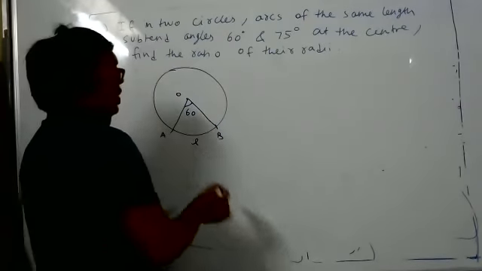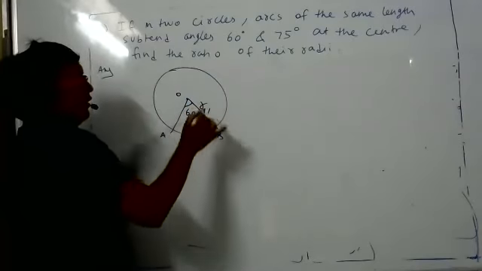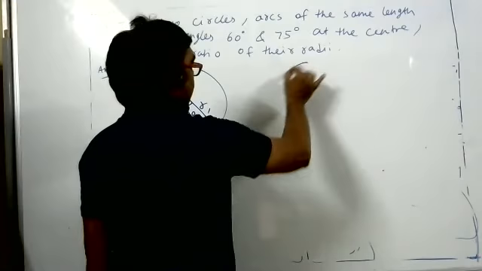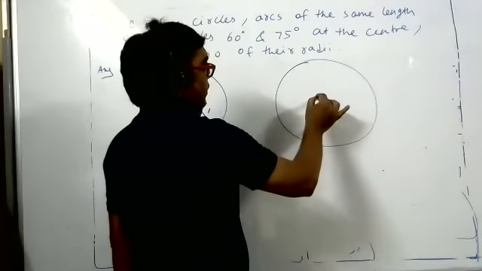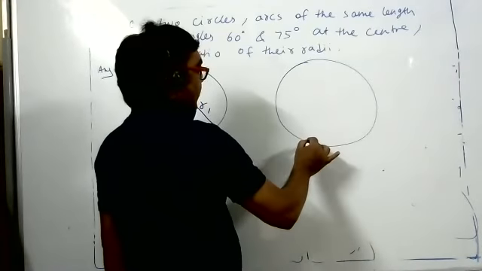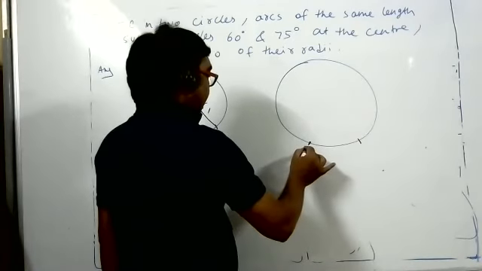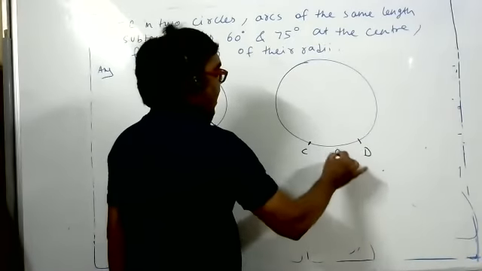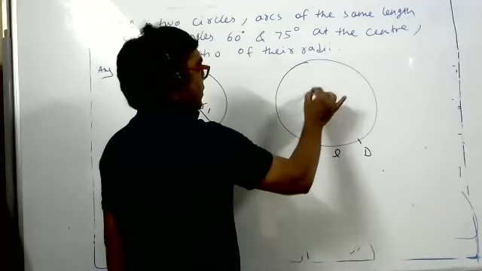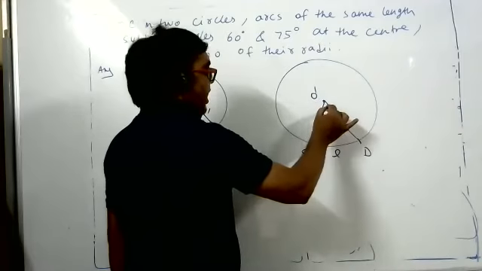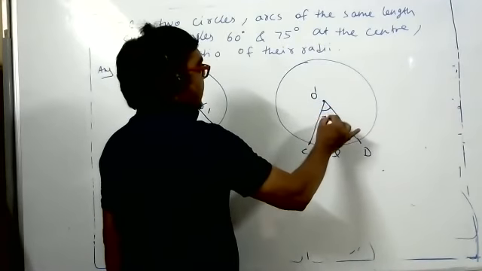The radius is, suppose, R1. There is one more circle, suppose it is a little bigger. Rough diagram. Again arc CD, but the arc length is the same, and the angle at the center is different.